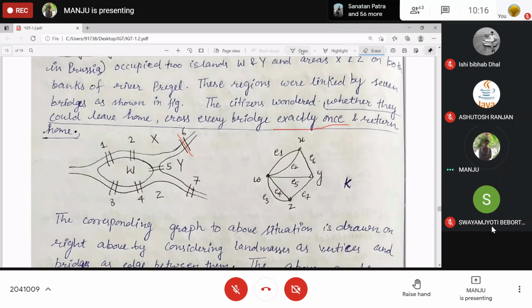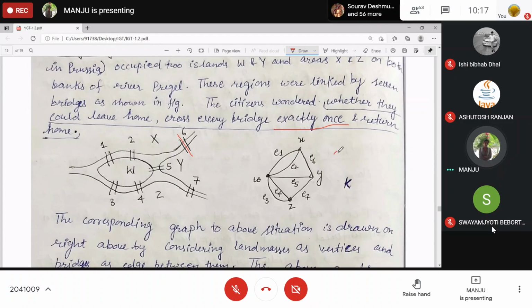If you start with any vertex, travel every edge exactly once, and return back to the vertex, that means you are trying to find a circuit that contains all the edges of G. Clear?